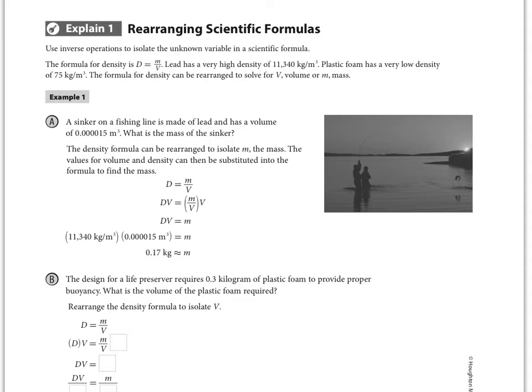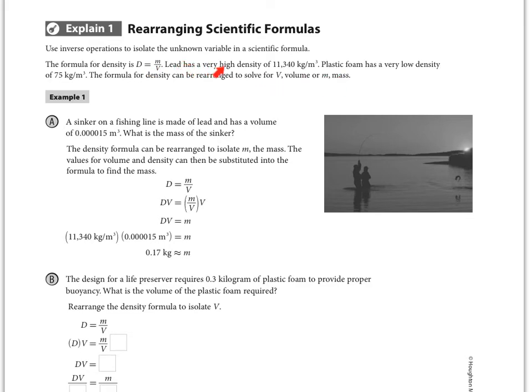So our first type of example here. First, look at the top. The formula for density is D equals M divided by V. Looks like M is the mass and V is the volume. It tells you there at the end of the sentence.